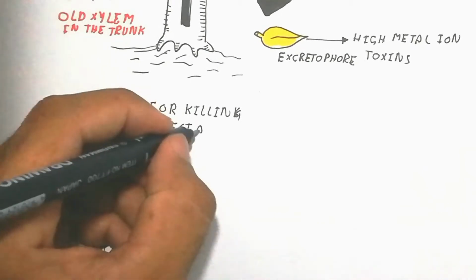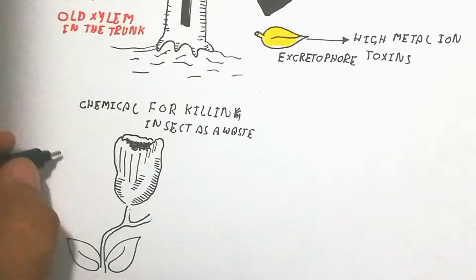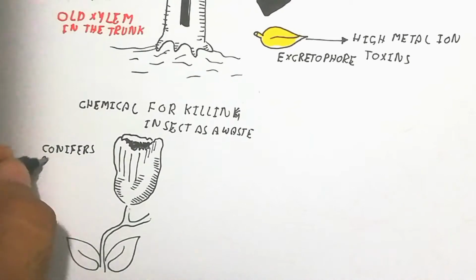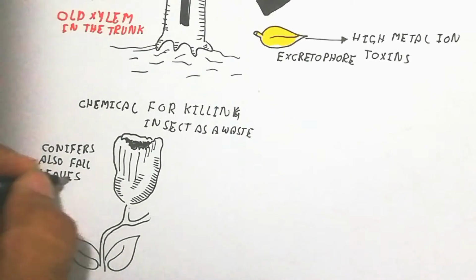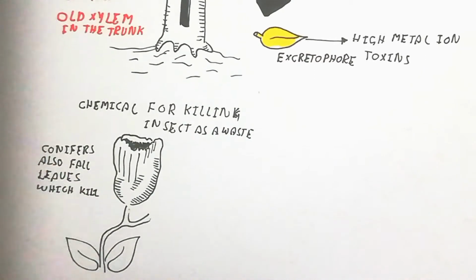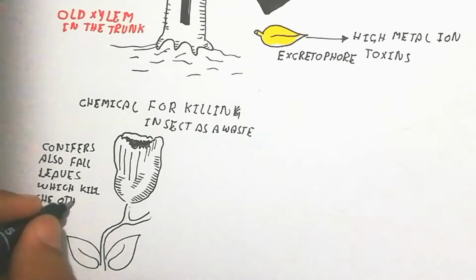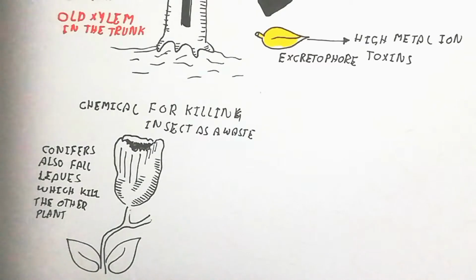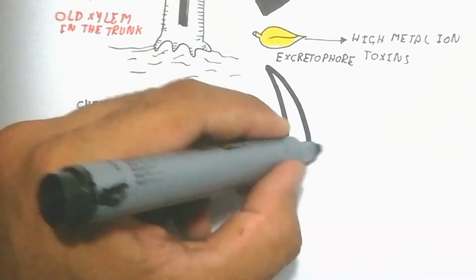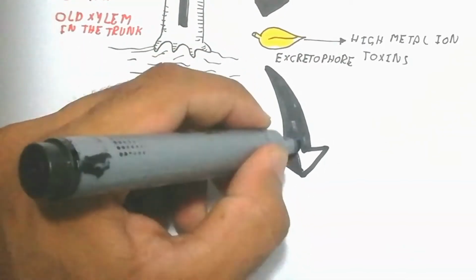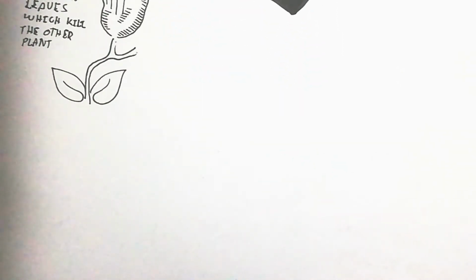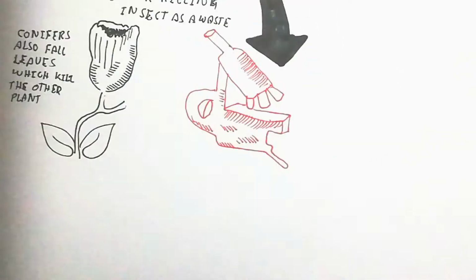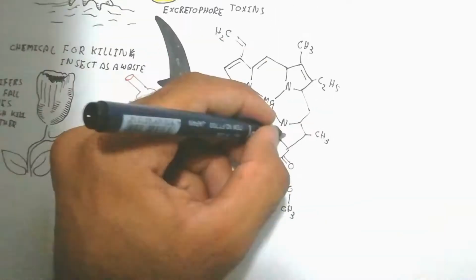Sometimes some plants produce a chemical which is used for killing insects, which is also a waste product that is useful. Basically conifers also drop leaves which kill other plants. You know about that in Pakistan, conifers are present with a cone-like structure.